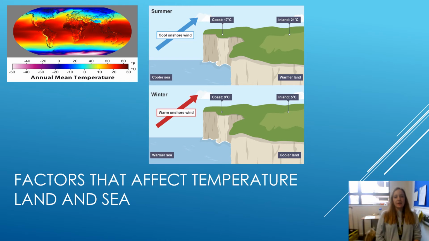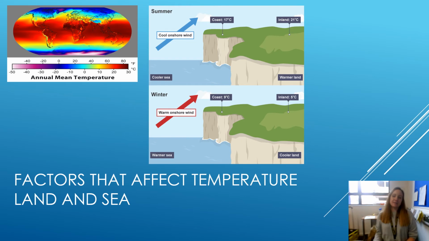As a result, in Britain, if you live on the coast, you're much more likely to have cooler summers and warmer winters. In Sidmouth, for example, our summer temperatures will probably be a couple of degrees cooler than Honiton because we're near the sea. Likewise, in the winter, we're much less likely to get snow or freezing temperatures than Honiton because we're near the sea.